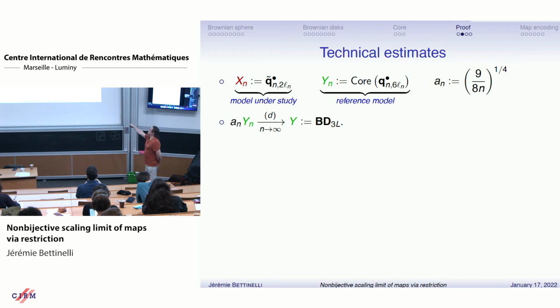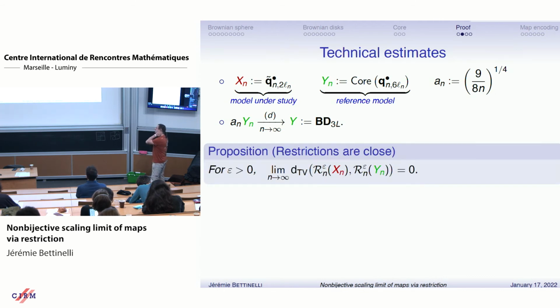That's why I use new letters for my models, because it does not really matter what kind of map I'm talking about. So I want to study a model that I call X in red, and I know a model that I call Y in green. And this is the scaling factor. I already know that this green model converges to something, and my aim is to show the same result with X instead of Y.